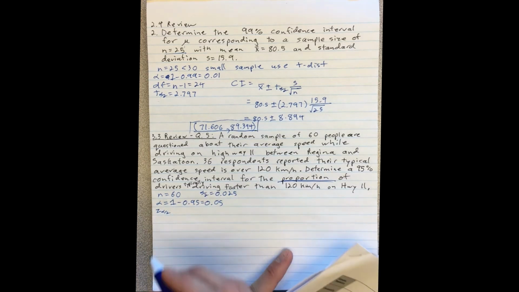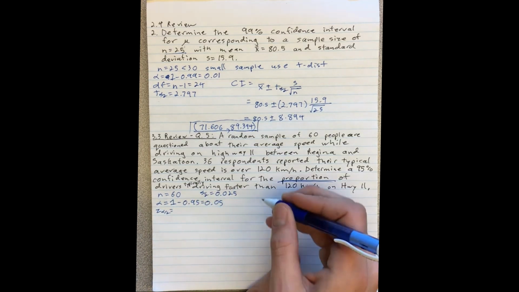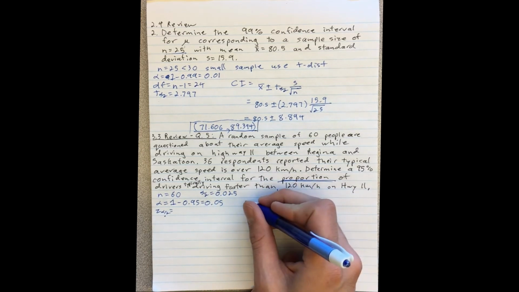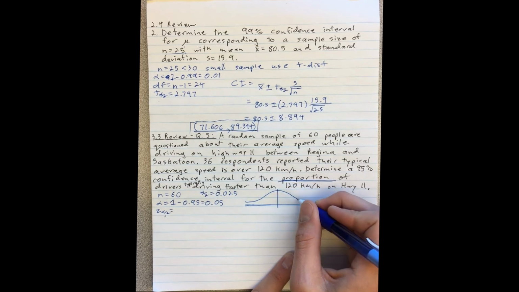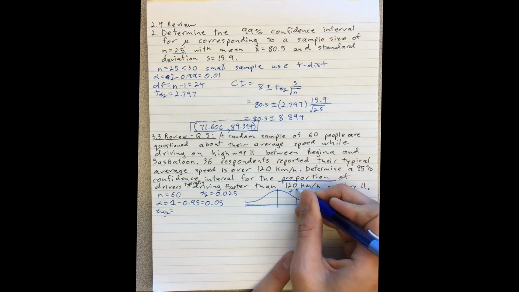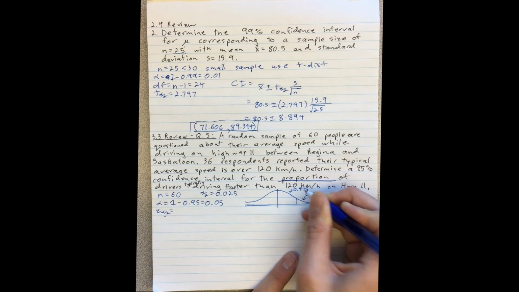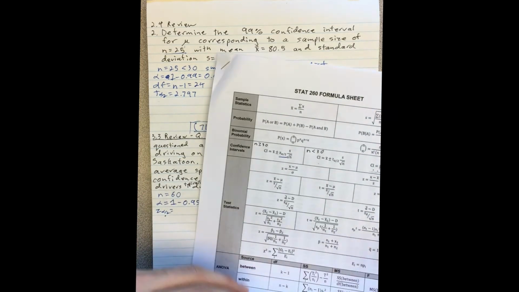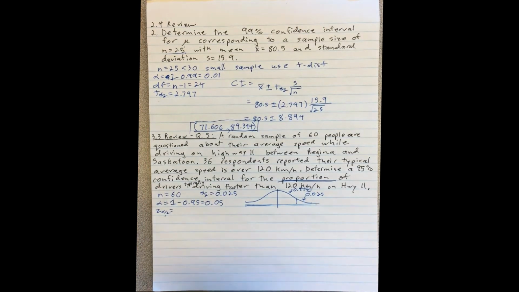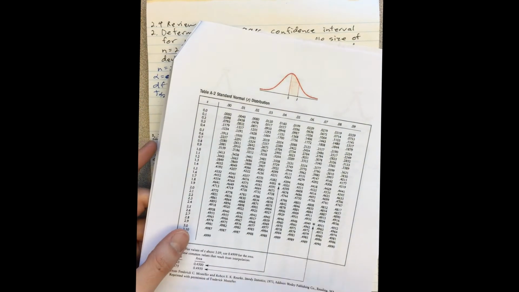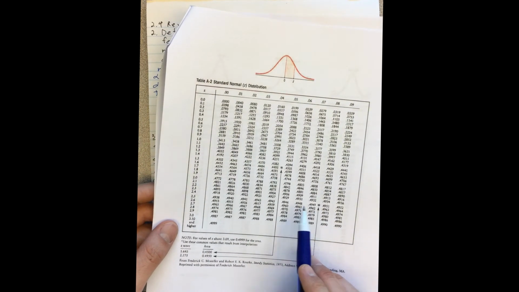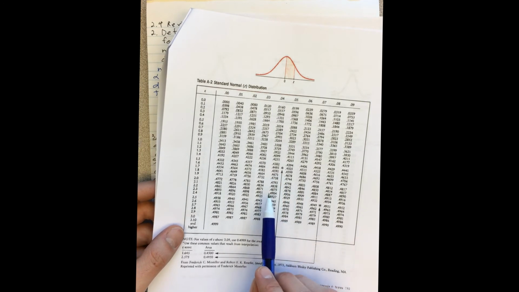So Z alpha over 2, well, alpha over 2 is this, so because this is a Z value, I have to construct this and work backwards. This is my alpha over 2, 0.025. So it's saying that this region in here is 0.475. And if we look on the chart here, we're looking for 0.475.